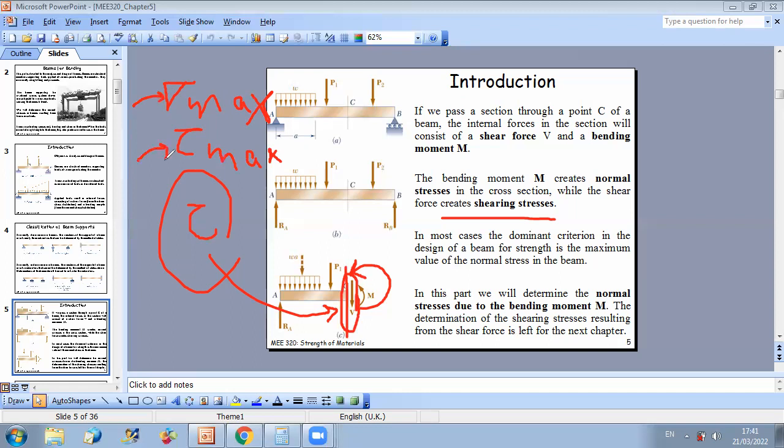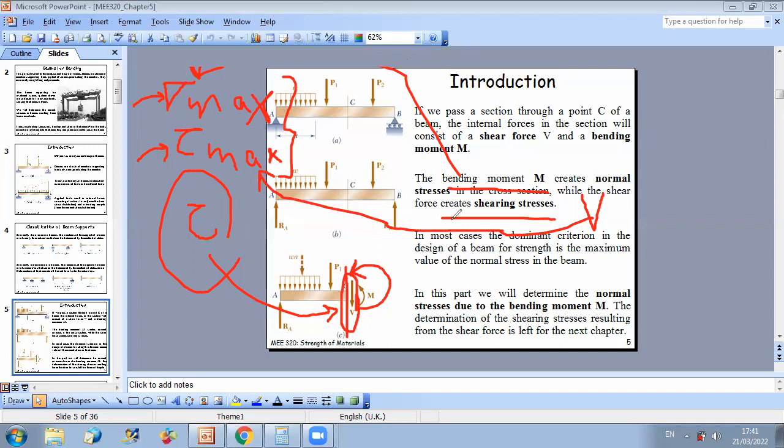So it depends on the material. We should make sure that both conditions are not exceeded. So, to be on the safe side, we should make sure that the maximum bending moment will not lead to exceed the maximum normal stress, and also the maximum shear force V will not lead to exceed tau max. So this is the purpose.